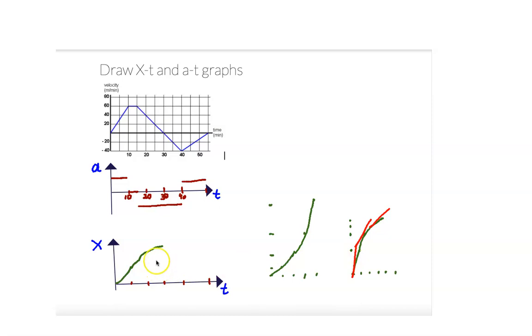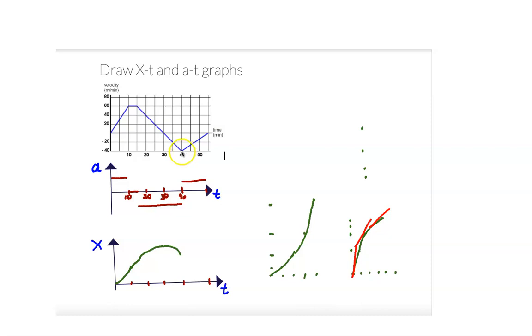Again, how does my shape look? Let's do the dots. If I'm speeding up, it's like smaller, then greater, then greater. So it's similar to this, but in the other direction, right? So if you flip this parabola into the other direction, until 40, I'm speeding up. It's right there, so it should look like this. Okay, at 40, what is happening?